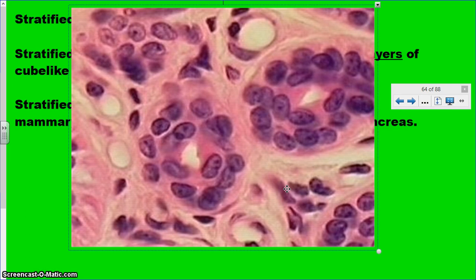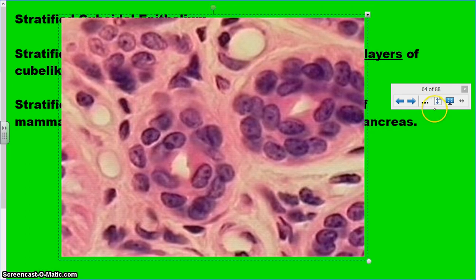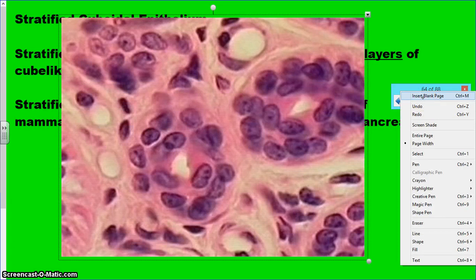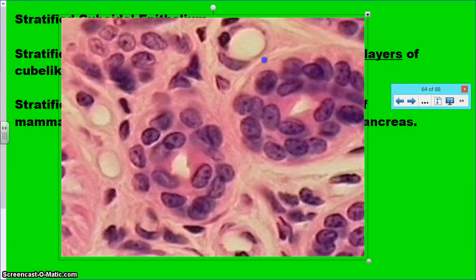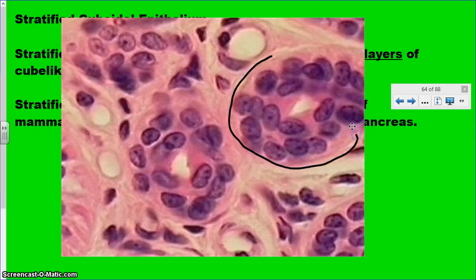So if we look at this sample of tissue here, this right there that I'm drawing the circle around, that line represents your basement membrane. This right here represents the free surface inside there, that free area.